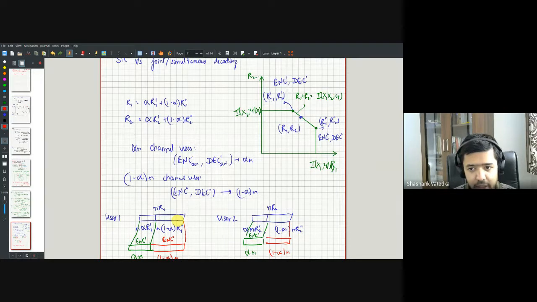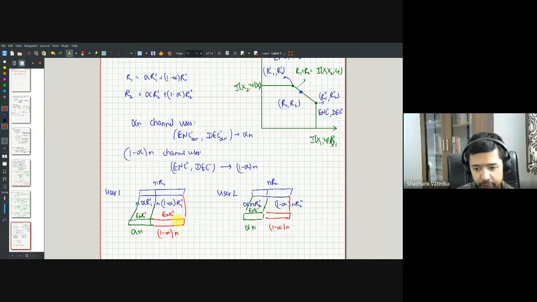In time sharing, for alpha fraction of the time, you use the first scheme, the first encoder and decoder, for both users. So both users could simultaneously transmit, but they use a different set of encoders and decoders for the first alpha n channel uses, and for the remaining 1 minus alpha n channel uses, they use another set of encoders and decoders, right?